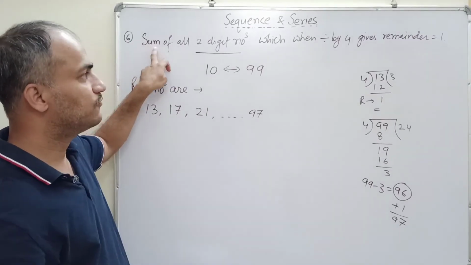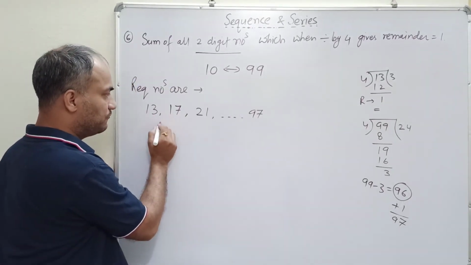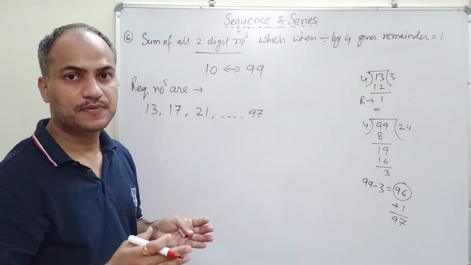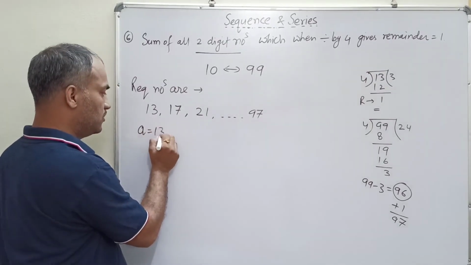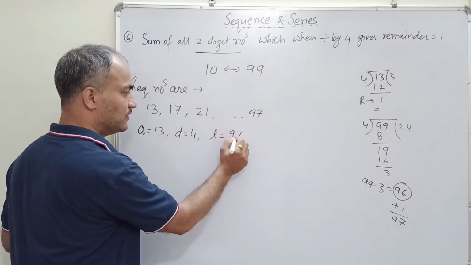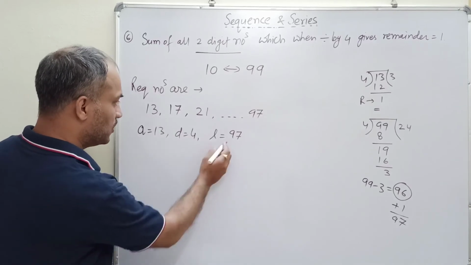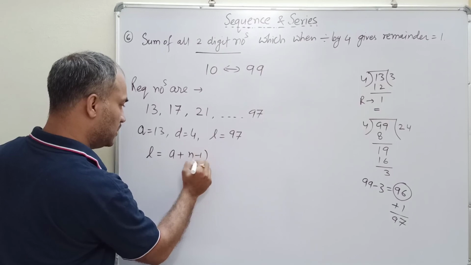And the sum of all these numbers we have to find. You see that here the difference between these numbers is the same, so it is an AP. Fine. The first term is 13 with common difference 4, and the last term is 97. So quickly we can find the sum. Apply a_n = a + (n minus 1) d.